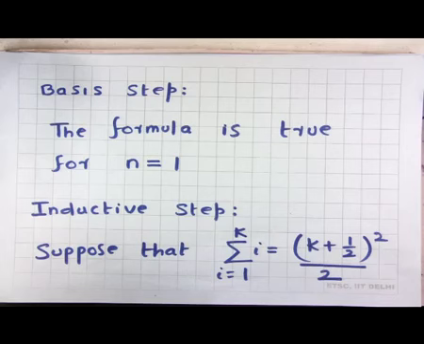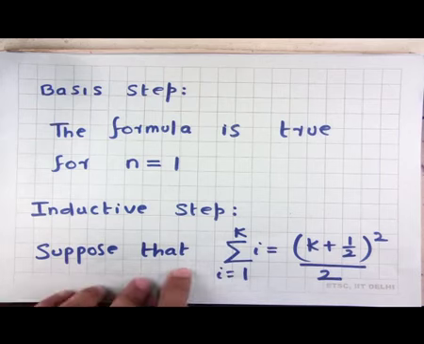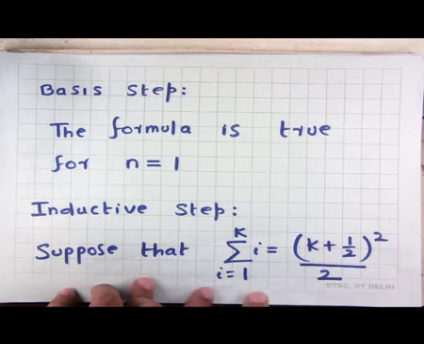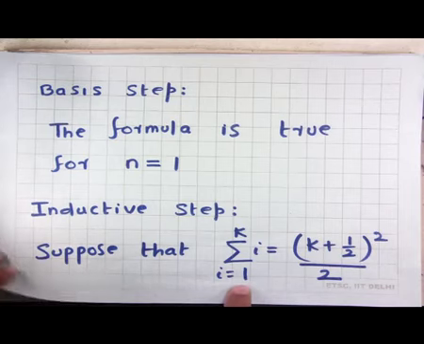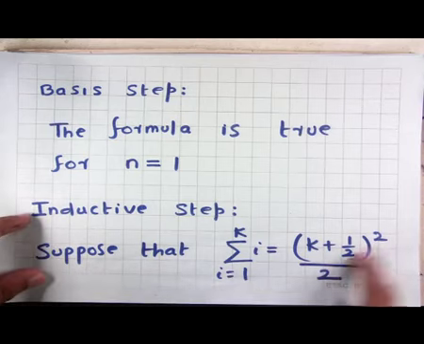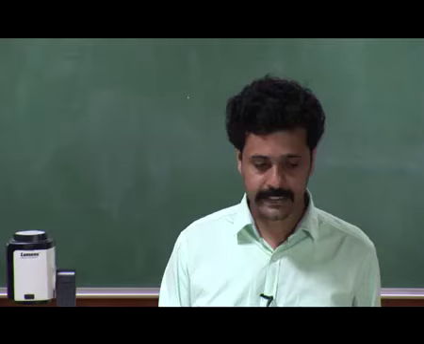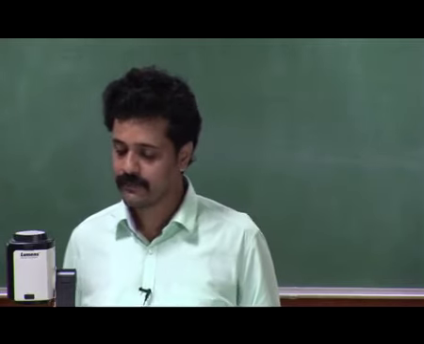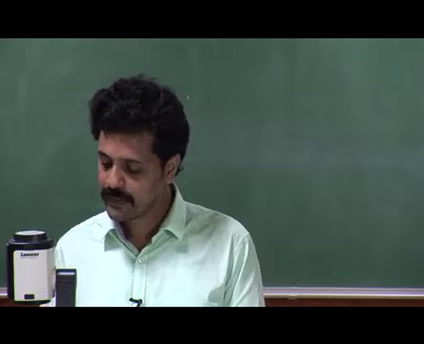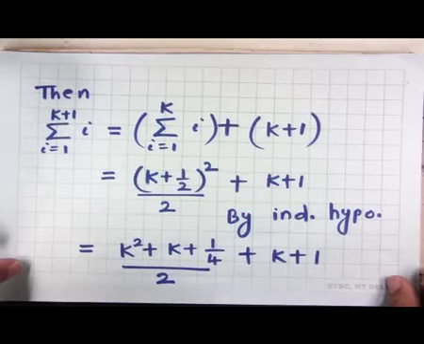Basis step, the formula is true for n equal to 1. Now, in the inductive step, I assume that it is true for n equal to k, that is, the sum of the first k positive integers is (k plus half) the whole square by 2. This is the inductive hypothesis. With that inductive hypothesis in hand, we try to prove the result for n equal to k plus 1.